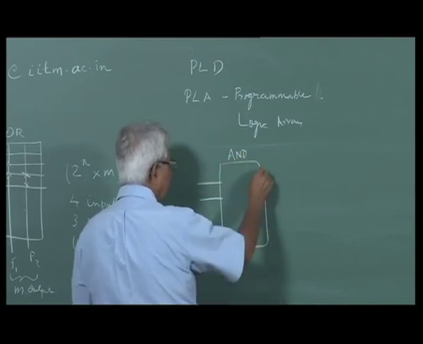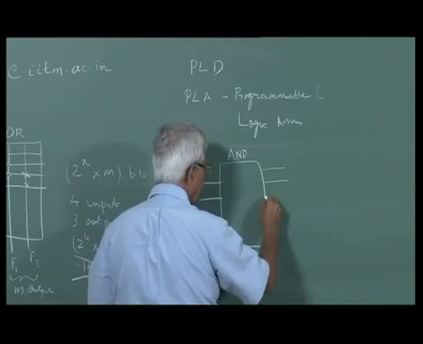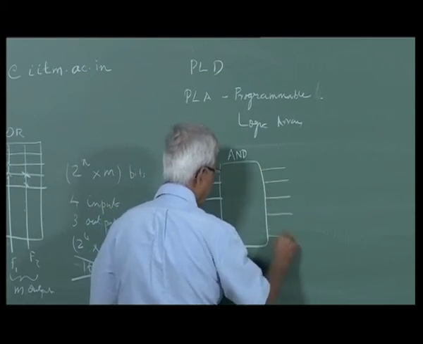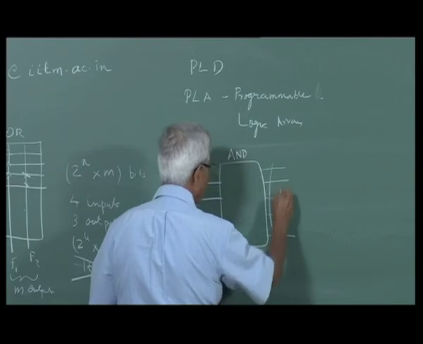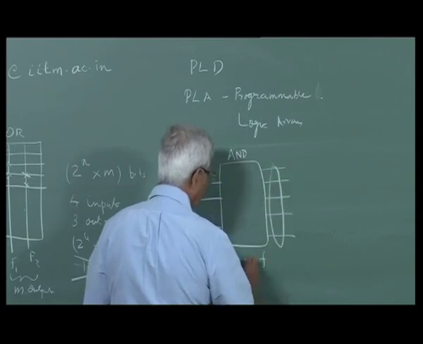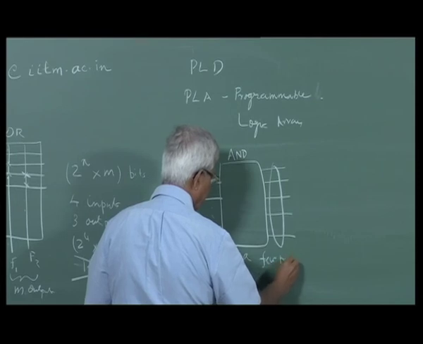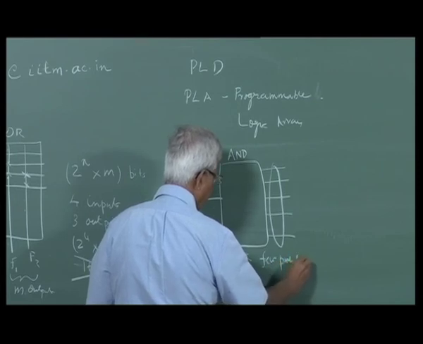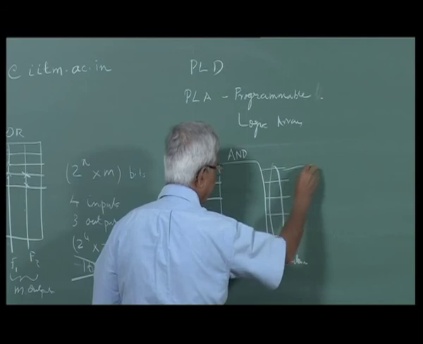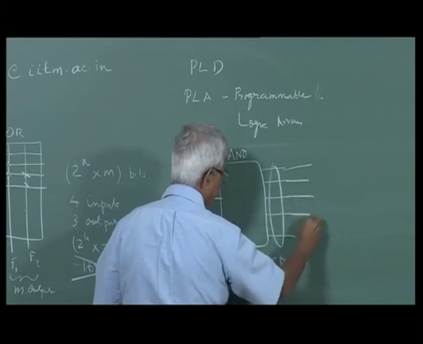And instead of producing all the minterms, I will only produce a few product terms which are required for my implementation, and then they go to the OR gate again.